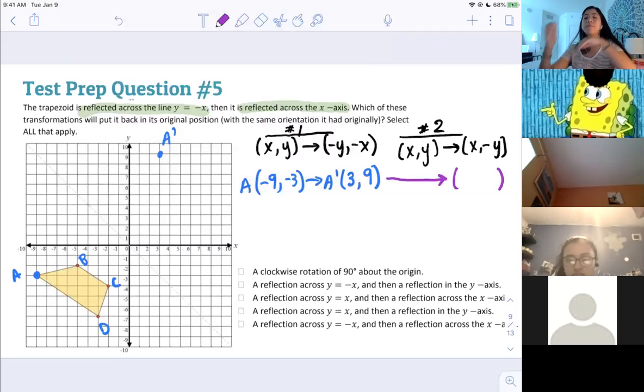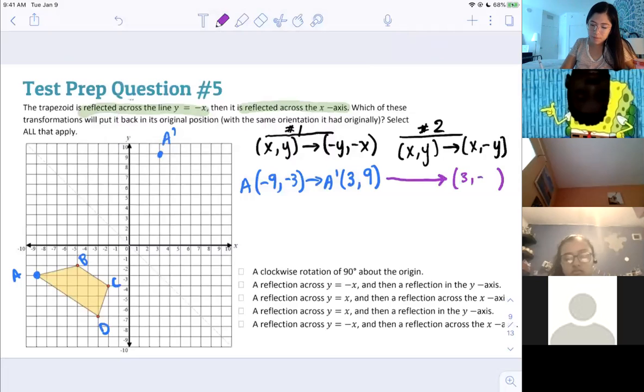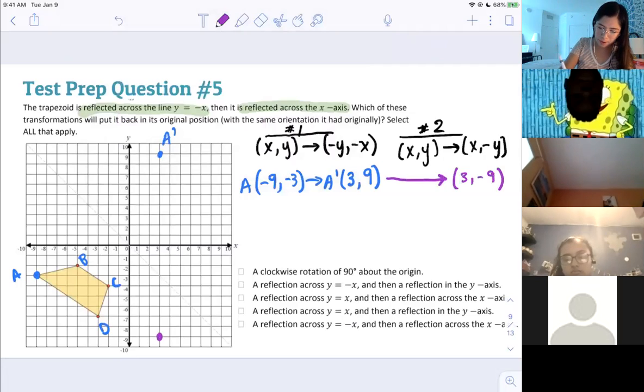Would it be 3, comma, negative 9? Nice job. So that's down here. So this is now not A prime, but A double prime.